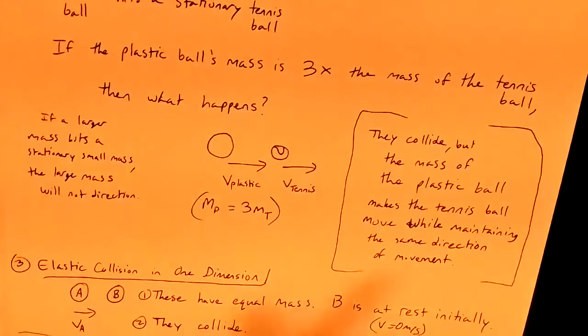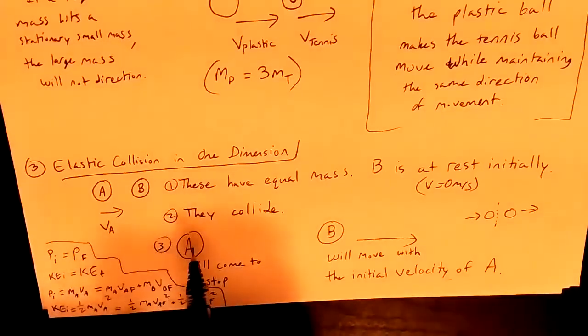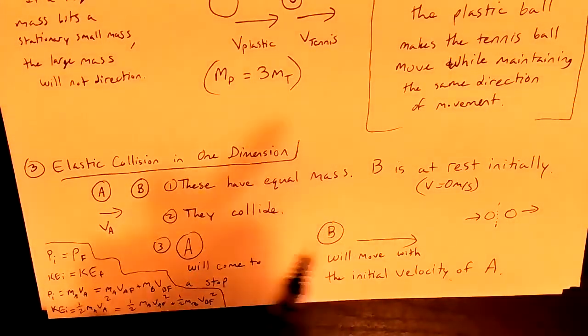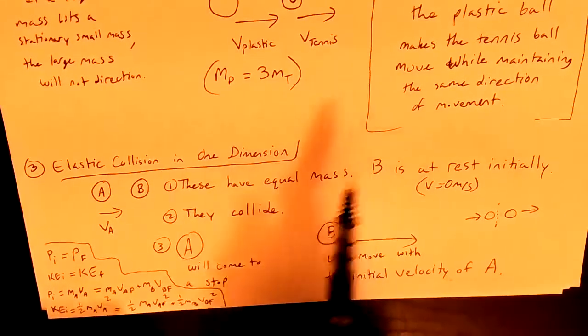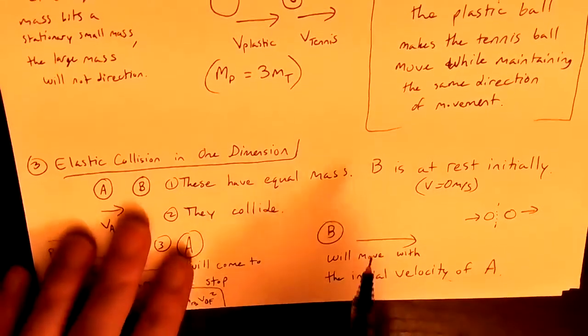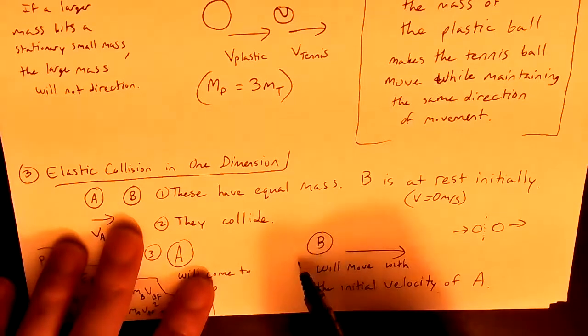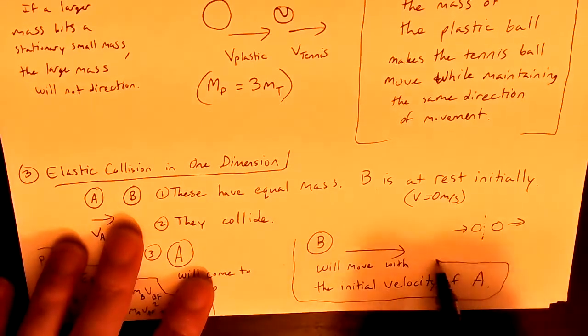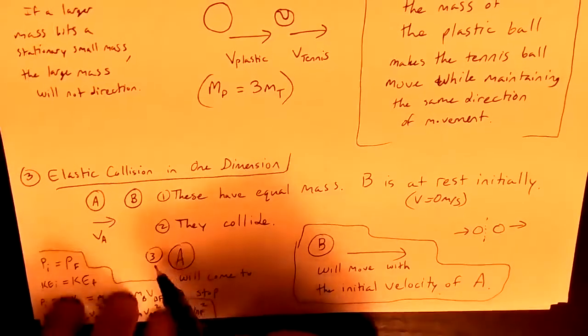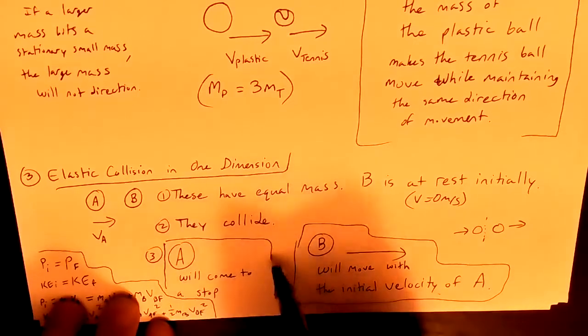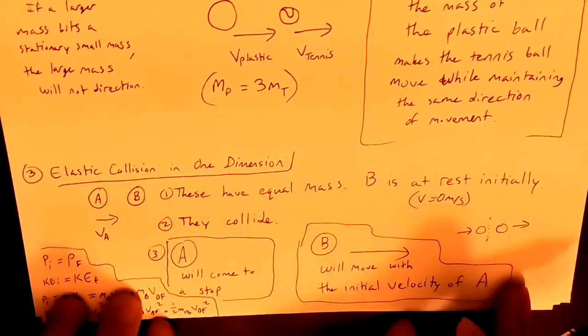In an elastic one, all of that gets transferred to the next one, and that's why B will move with the initial velocity of A, and then A will stop in that third one.